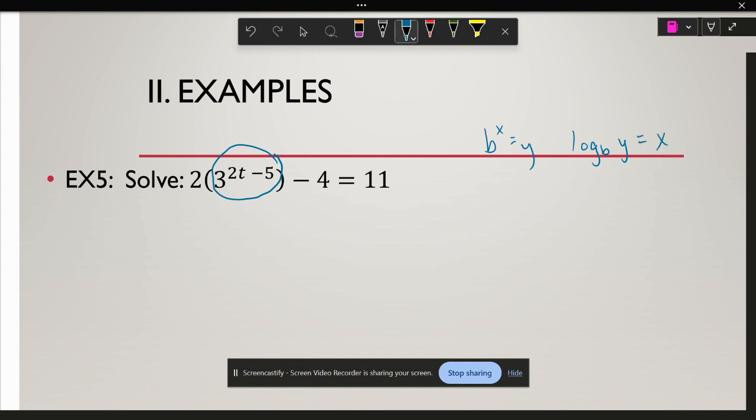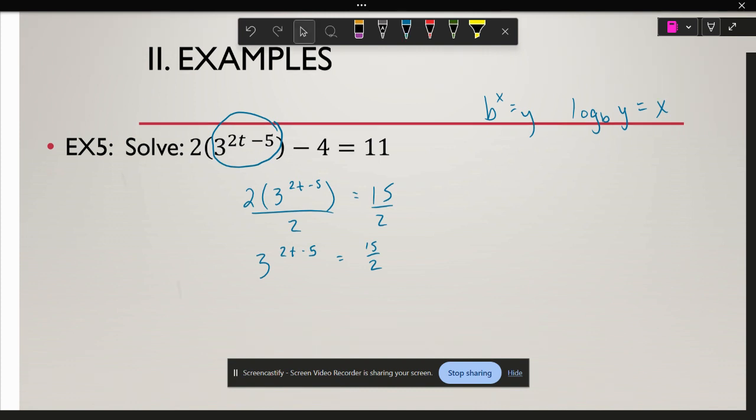So I'm going to add 4 to both sides, and then divide by 2. I'm going to leave it as 15 over 2. You could also put 7.5. It really doesn't matter because you're going to see how you'll end up plugging that into a calculator.